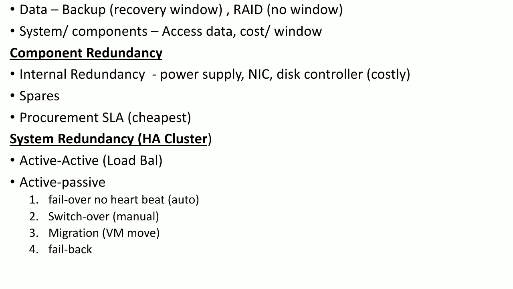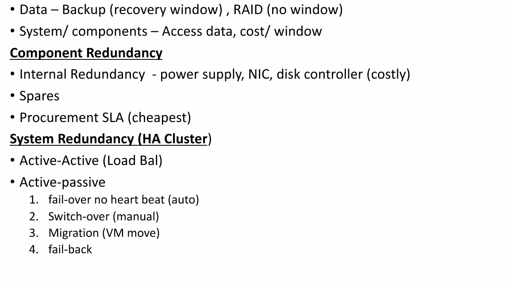In case of any failure, this heartbeat stops, and then this passive system starts processing the data or the services of the active system, and the active system obviously becomes faulty. So the active system is no more active and the passive system becomes active, and this is also known as failing over to the passive system.